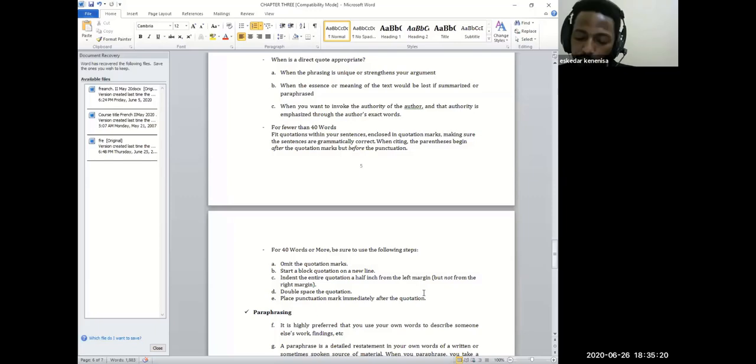Therefore, paraphrasing means rephrasing others' words, rephrasing somebody's work in your own language. Therefore, you have to change somebody's work and findings. You have to take the idea, but you have to change the language. You have to rephrase the language.